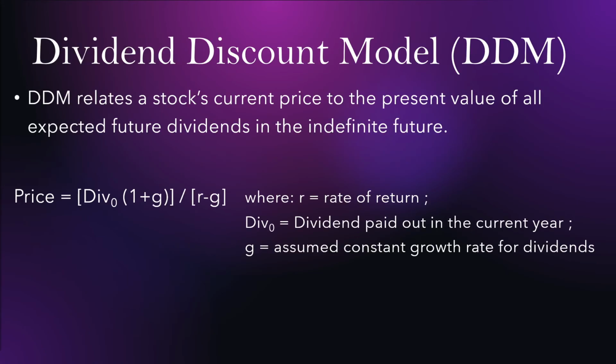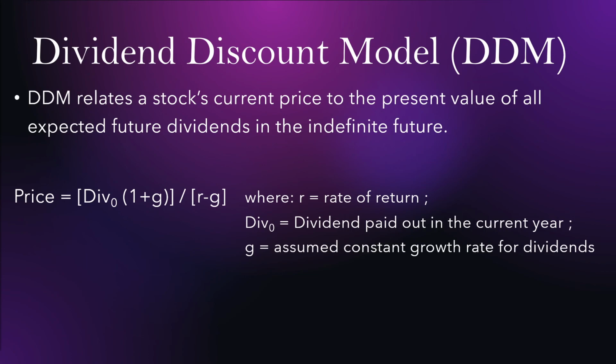Now, the last part of this chapter is the dividend discount model. And basically, this model relates a stock's current price to the present value of all expected future dividends. So it is calculated as the dividend for the current year, and then you want to multiply it by 1 plus the growth rate for that dividend.